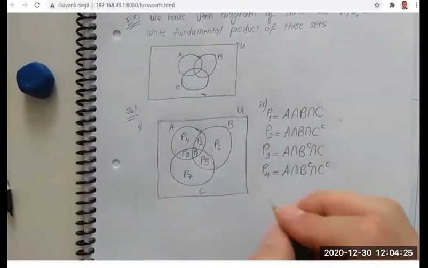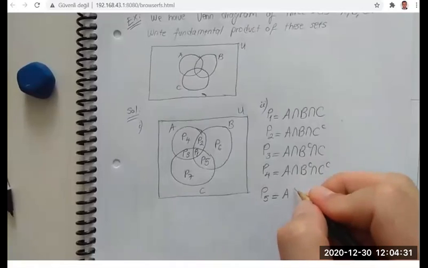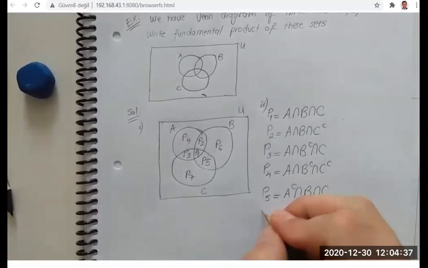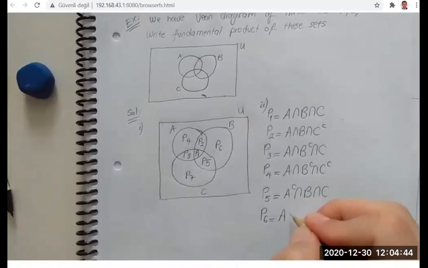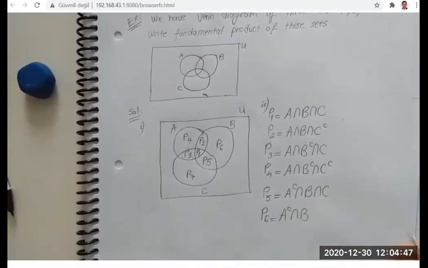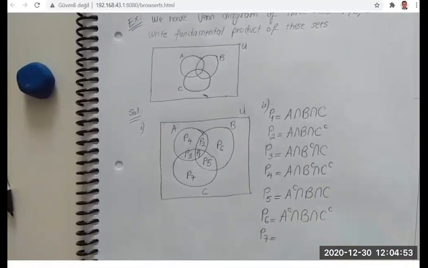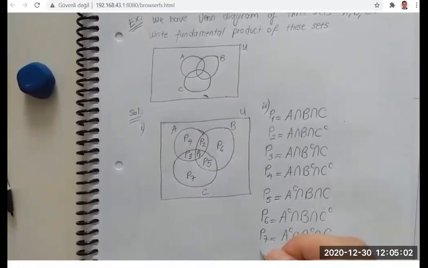P5 is A complement intersect B intersect C, and P6 is A complement intersect B intersect C complement, and P7 is A complement intersect B complement intersect C, and the last one is P8.